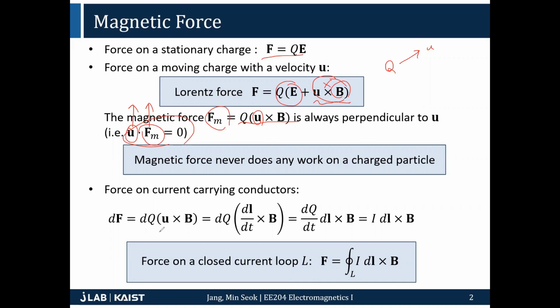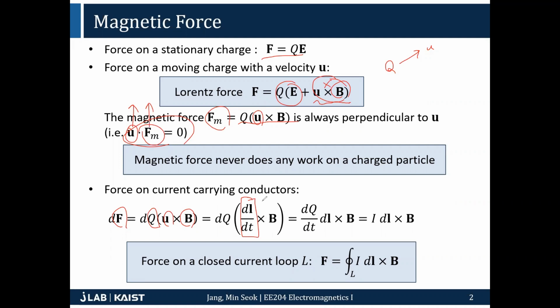And then you can easily derive from this equation, F equals q u cross B, the force exerted on a current carrying loop. So what you need to do is change u to dl/dt, right?